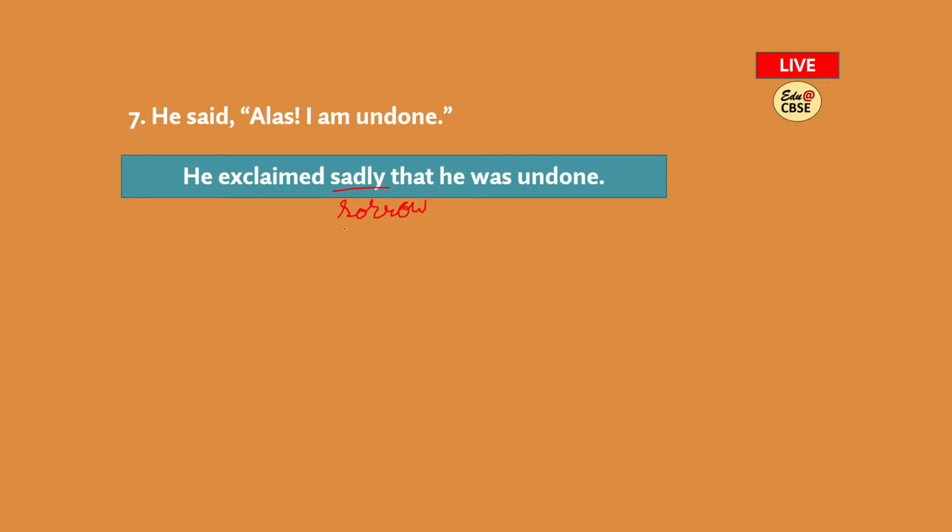Yes, you can write sorrow. You can write he exclaimed with sorrow. You can write exclaimed with regret. You can write exclaimed with grief. So they are going to be correct. Can we use sadness? But make the complete sentence using sadness. Only then I can tell you.